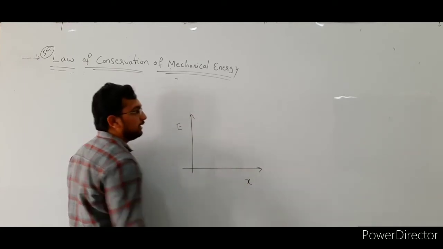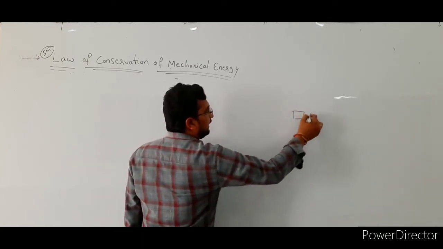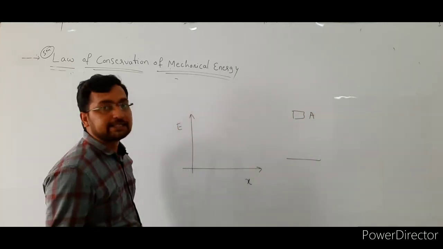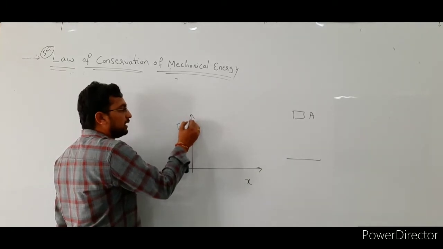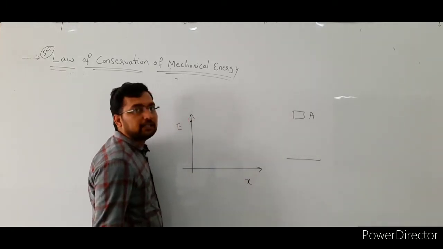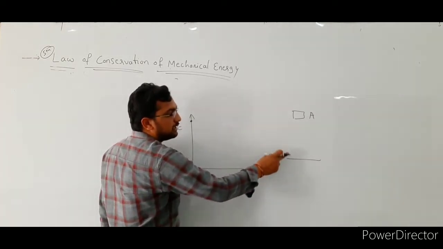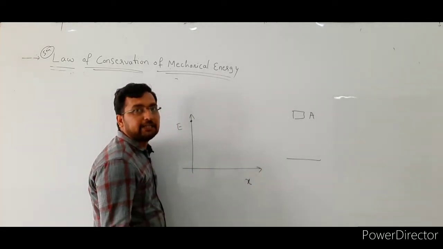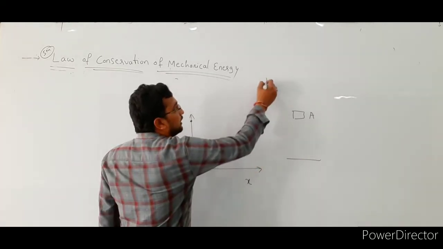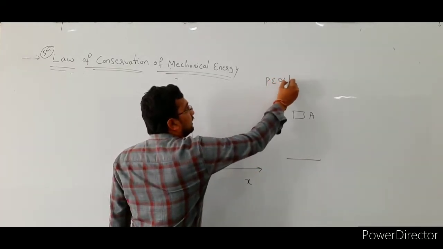Initially the body is at point A, and in this case the potential energy is maximum. When the body moves towards the surface of the earth, the height of the body goes on decreasing. If the height is decreasing, potential energy is also decreasing, because potential energy depends on the height.